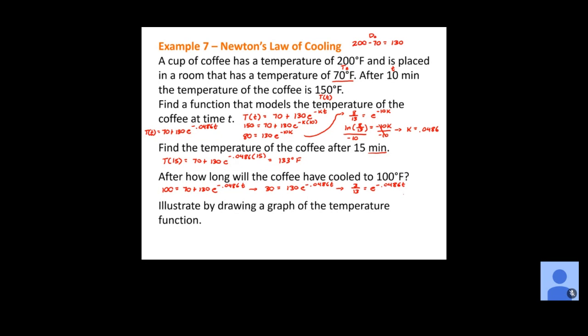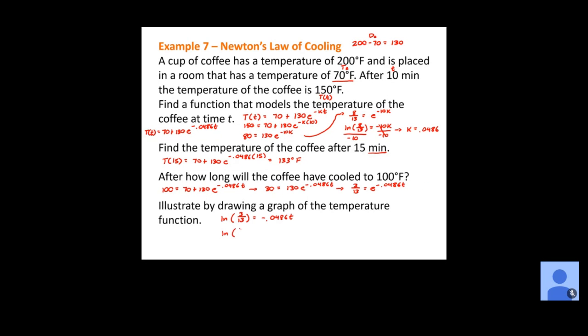Take your natural log of both sides. So now we have the natural log of 3 over 13 equals, again, that's just going to give us the exponent, negative 0.0486 times t. And now we divide.